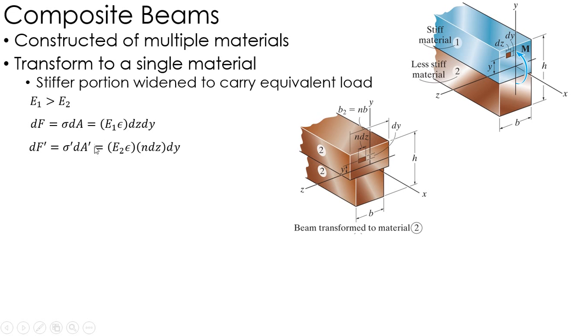Now, again, these two have to equal each other so that they have the same load, right? The same dF, so it can hold the same amount. So equating these two dF's, one on a transformed piece, one on the original piece, you get the following equation. Basically just equating these two things.